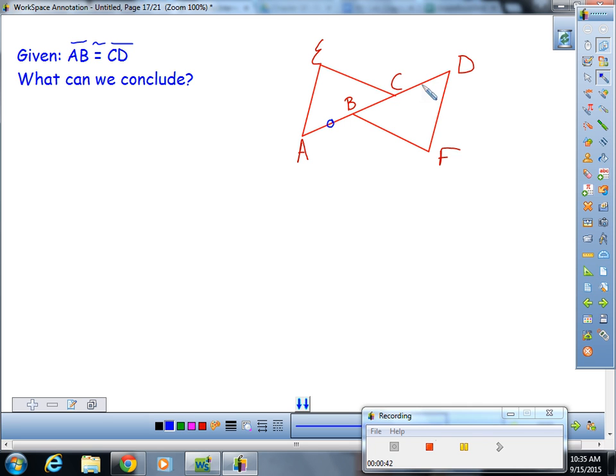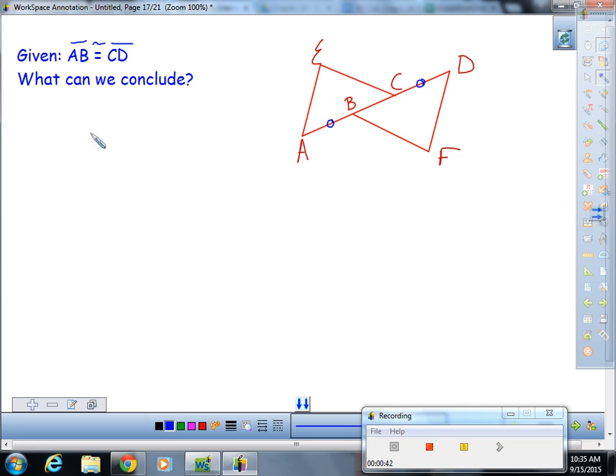This is congruent to that. Then what can we conclude, Accelerated Study Hall students? What could we conclude using the segment addition theorem?